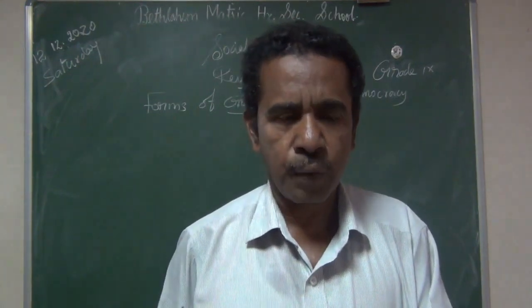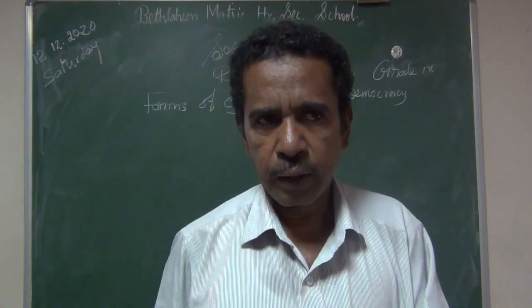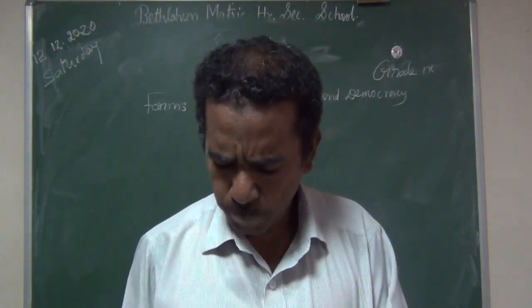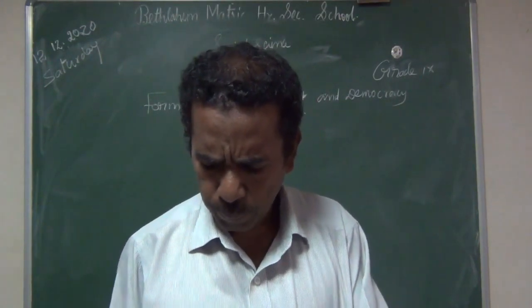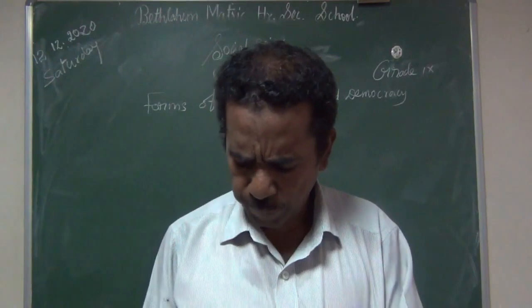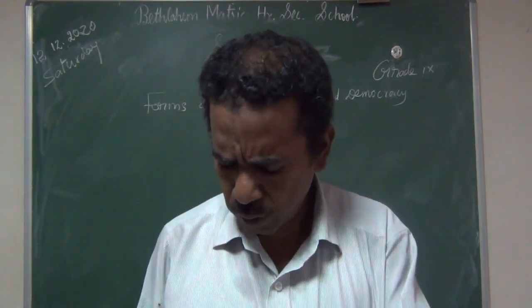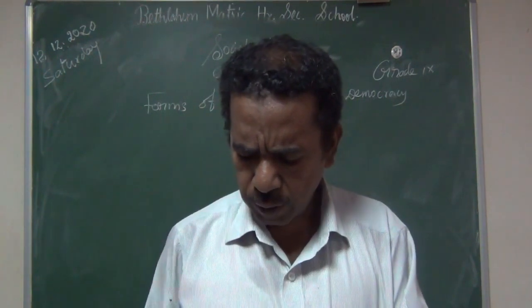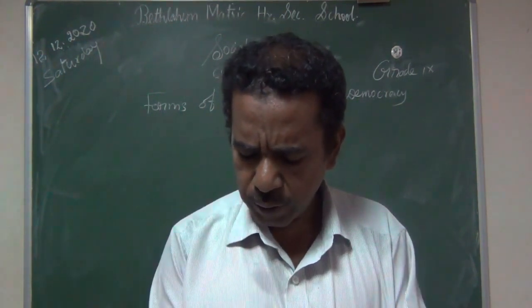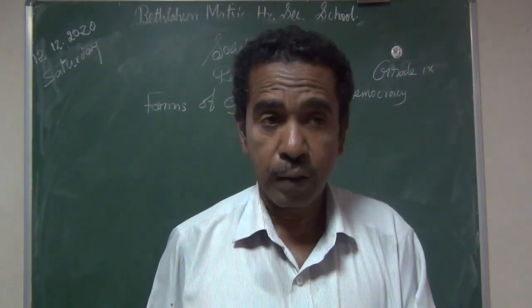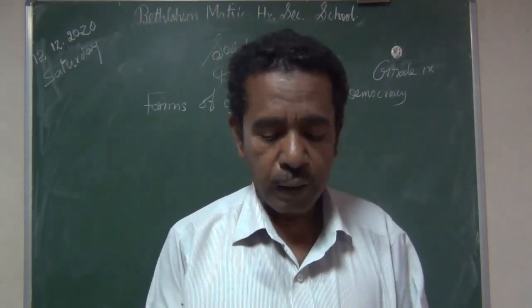All these regional parties also get the recognition from the election commission. Assertion and reason: both A and R are true and R explains A. The Indian Constitution provides an independent election commission to ensure free and fair election in the country. Already I said about it.